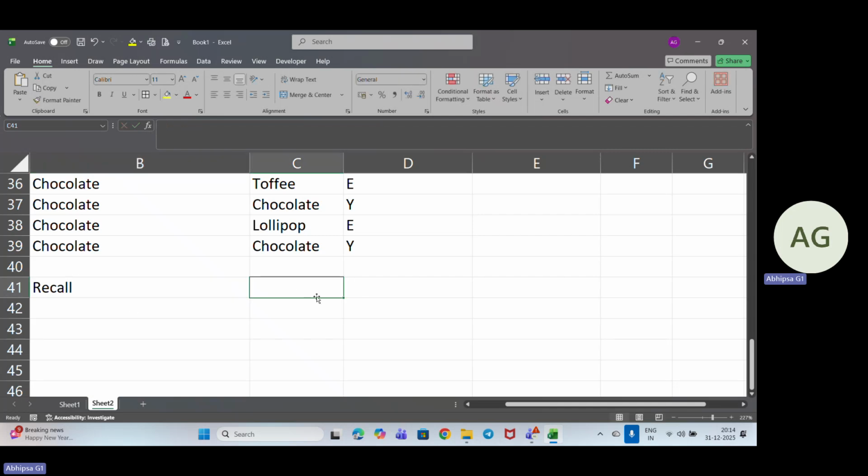Among the 7, 5 were real chocolates, so we take 5, and the 10 chocolates that were hidden, so 5 by 10 into 100. That is giving us around 50%. So the model has a recall of 50%.